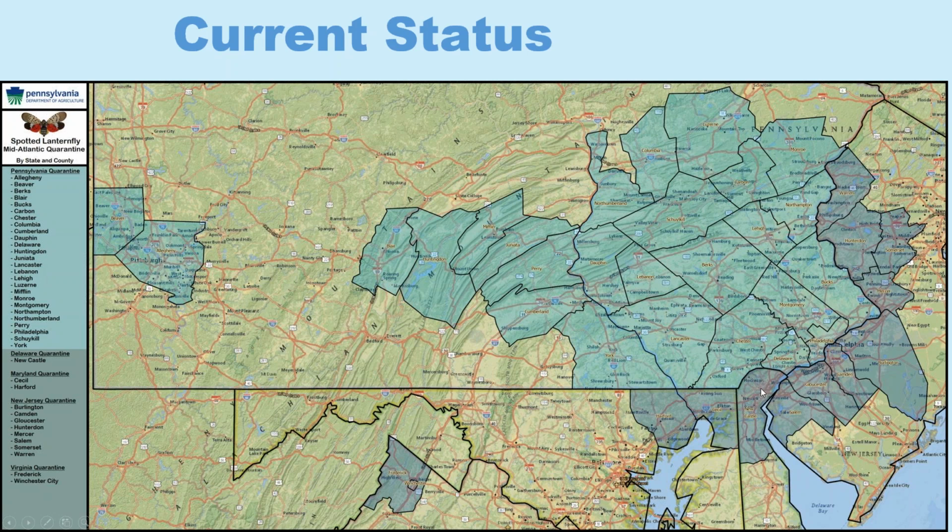You can see also these 8 counties in New Jersey, a couple counties in Delaware, Maryland, and actually way out here near Pittsburgh, we have 2 counties that are infested, so right on the border with Ohio. These we think are associated with rail activity, with railroads, transportation industry.